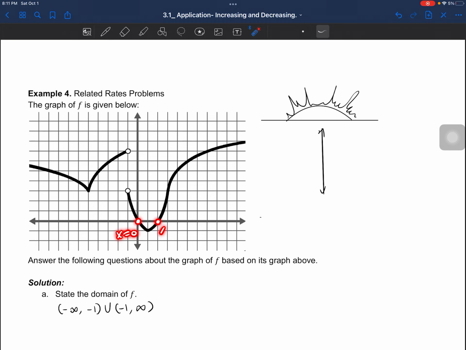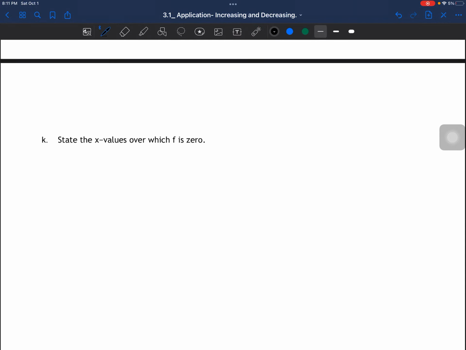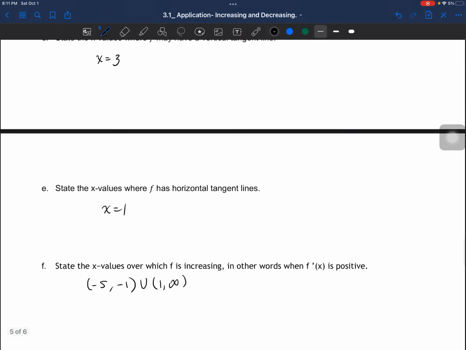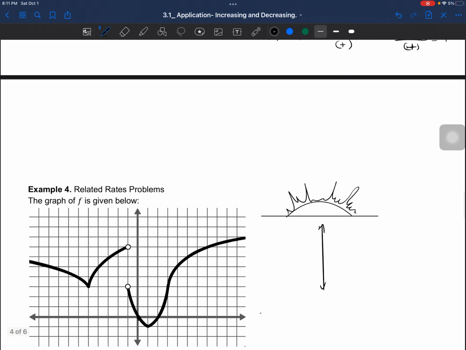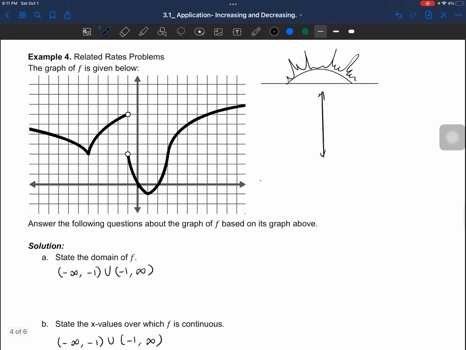Here, where it crosses the x-axis, and here, so x equals 0 and x equals 2. So x equals 0, x equals 2, right? And there you go. We have discussed a lot of the behavior of the function in this picture.